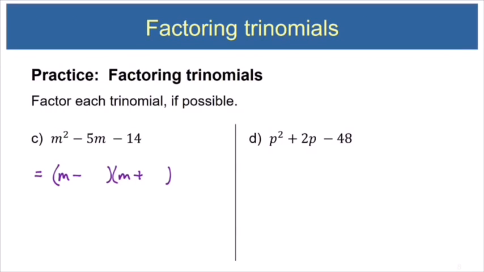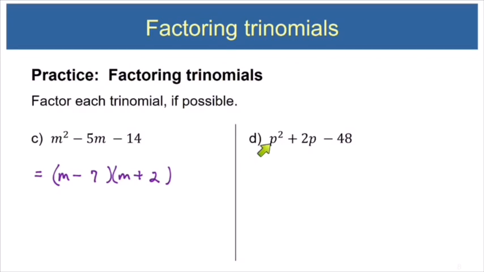But we need to make sure and put the 7 with the minus and the 2 with the plus, because we need outer plus inner to add up to negative 5m. So notice outer times outer is going to be positive 2m, inner times inner is going to be negative 7m, 2m minus 7m is going to add up to negative 5m, and that's what we wanted, so this one's good.